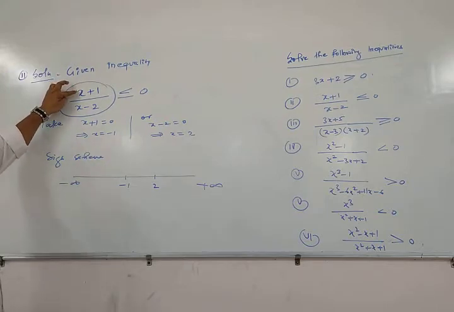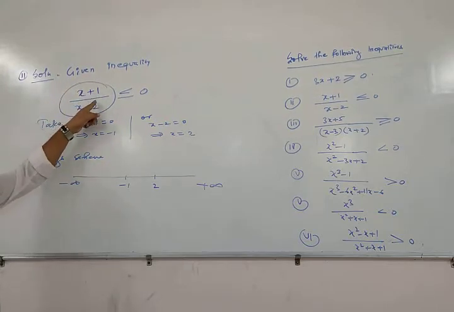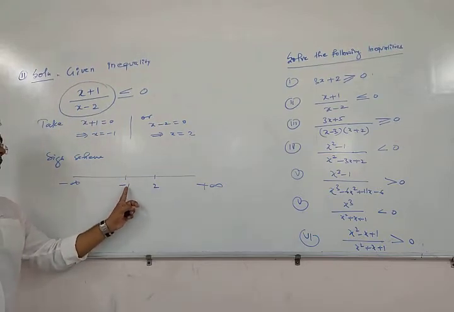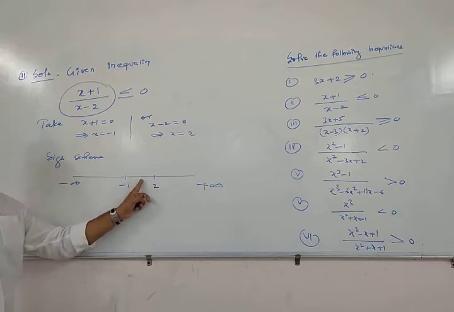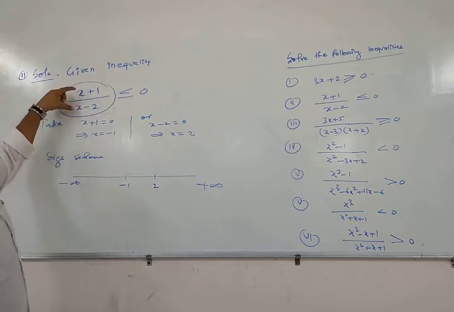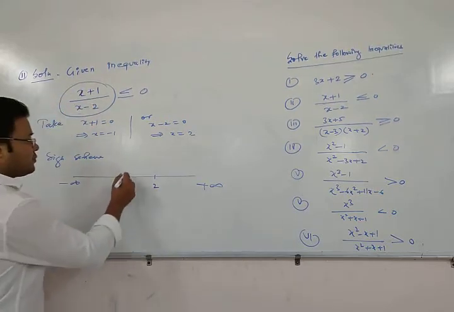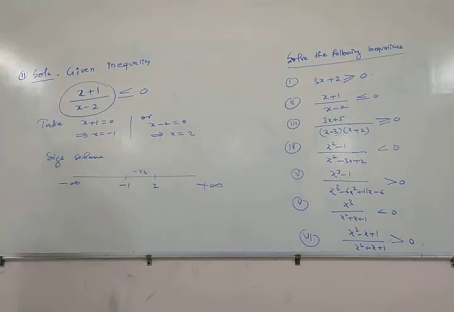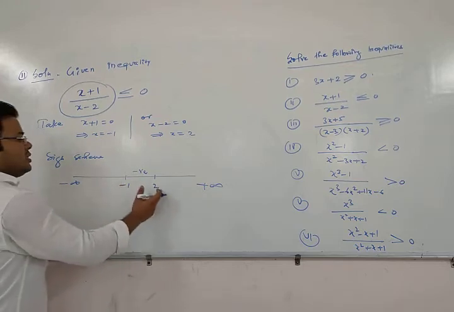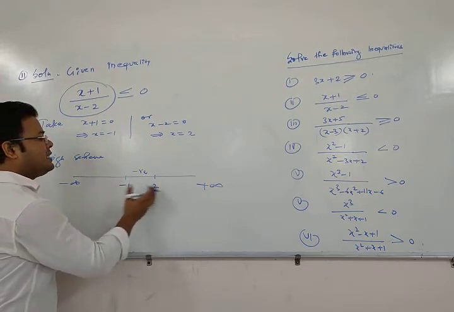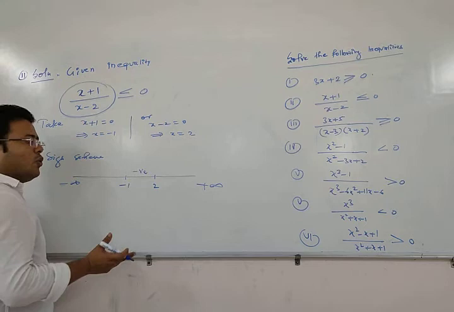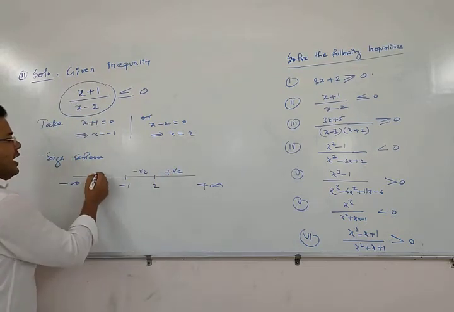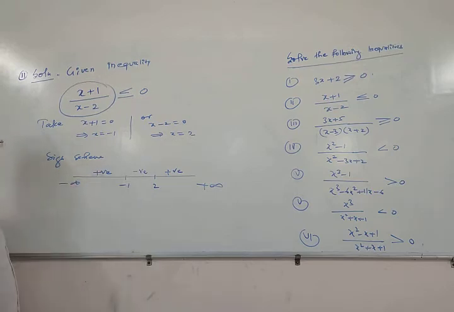If we put x equal to 0, we will get negative sign. And 0 lies in between minus 1 and 2. At x equal to 0 it is negative, so we put negative sign in between minus 1 and 2. Since there is no repetition of any root, we have to put alternate signs. So here we put positive sign and here we put positive sign.